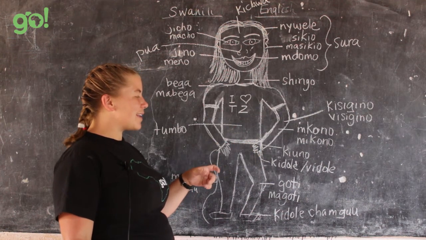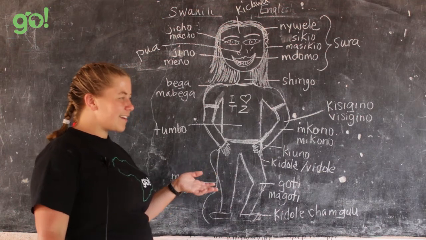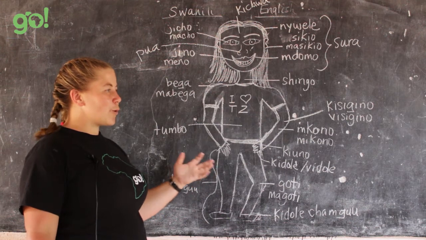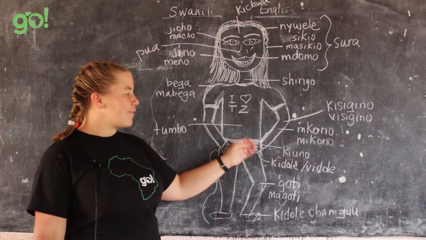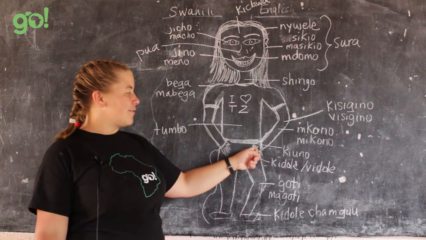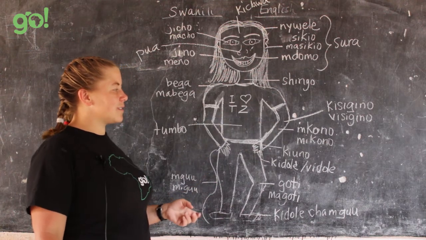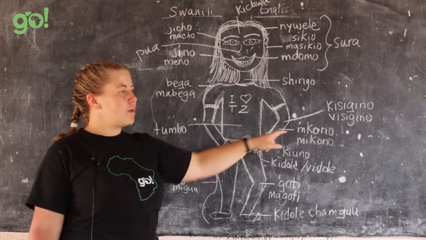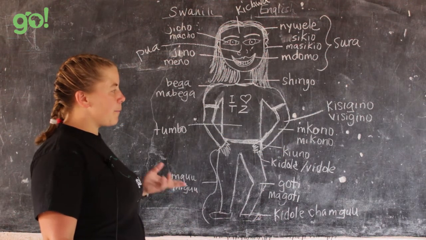But you rarely hear anybody say kiganza or viganza. You would just hear them say mkono. But mkono could be referring to any part of the arm from your hands up into the tops of your shoulders. Mkono is one. Mikono is many.